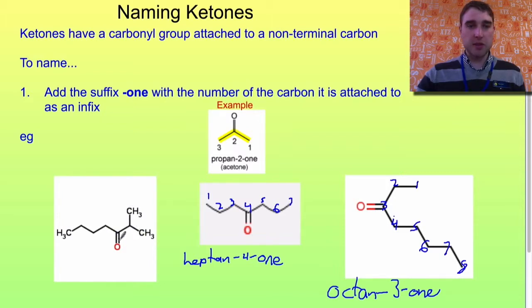Again, we want to number so the ketone group is on the lowest number. So 1, 2, 3, 4, 5, 6, 7. We've got a methyl group on carbon 2, so 2-methyl-heptan-3-one. That's where our carbonyl group is.